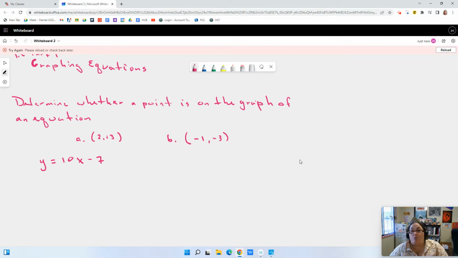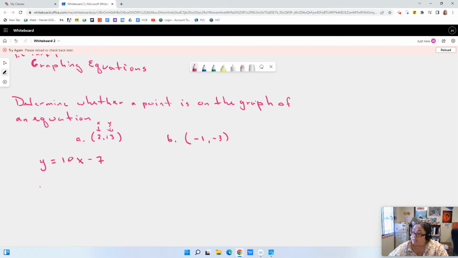We know what x and y are, right? We know that x is always this first value and y is always the second value. So if we plug those in for x and y, and the statement we get back is true, then that point does lie on the graph of the equation. It's a valid point in that equation.